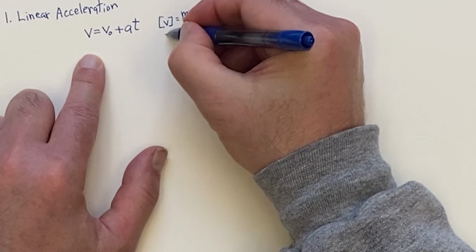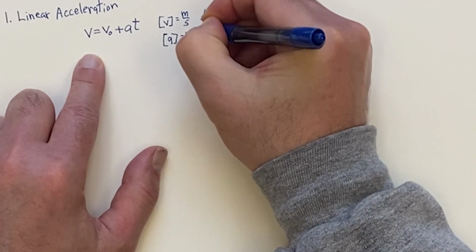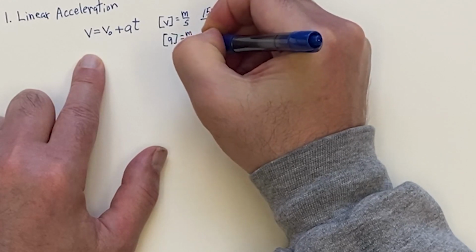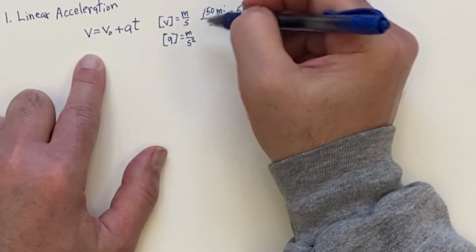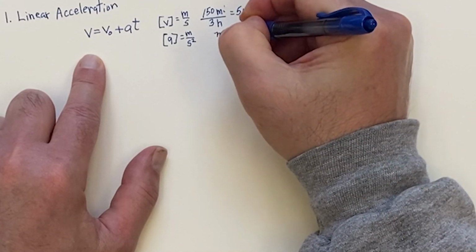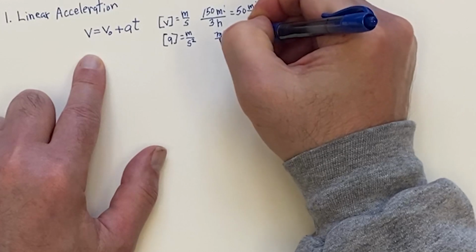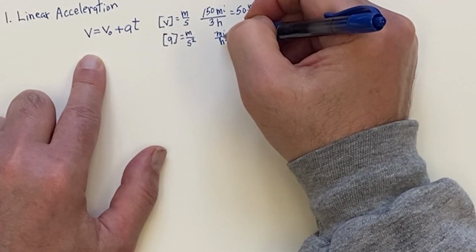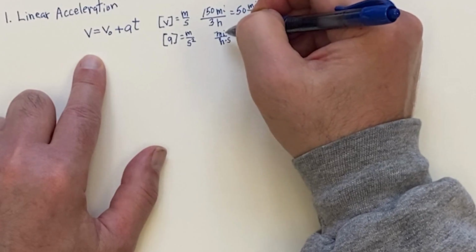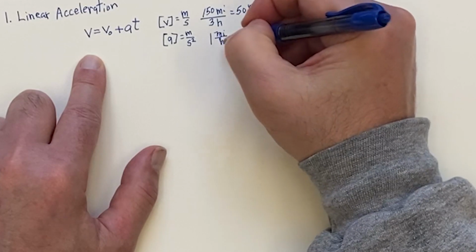And the units here for acceleration would be meters per second. So we put a little second squared there. You could think of it also as miles per hour per second, where you're going 50 miles per hour, then in 1 second you're going 51, and then in the next second 52. So the acceleration would be 1 mile per hour per second.